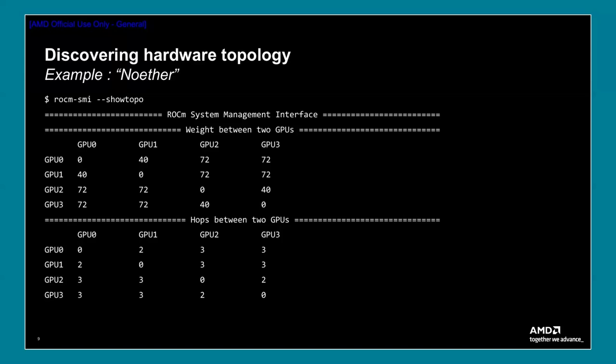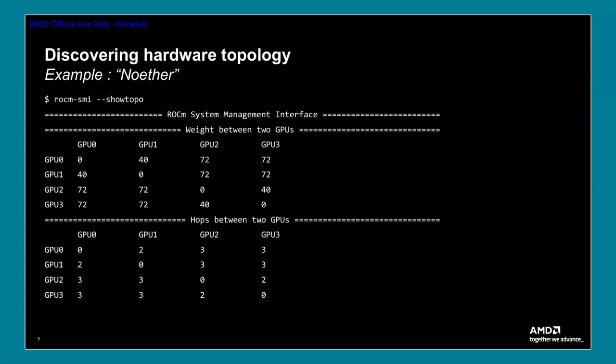Anyways, here we're looking at some output from ROCm-SMI. This is a tool that comes with any ROCm installation. If you pass to ROCm-SMI the show topo flag, it will spit out a good deal of information for you. What we're looking at here is the first two blocks of information for one of our systems.